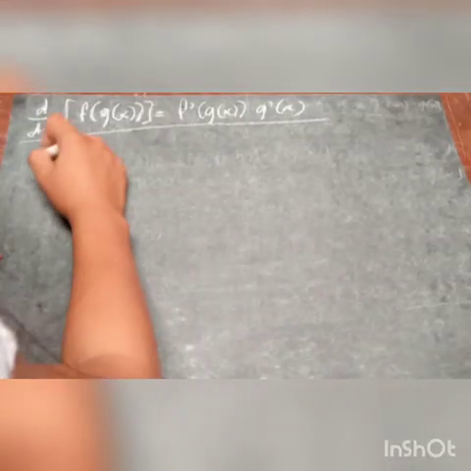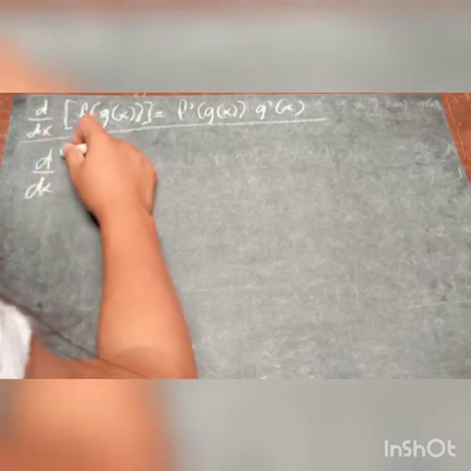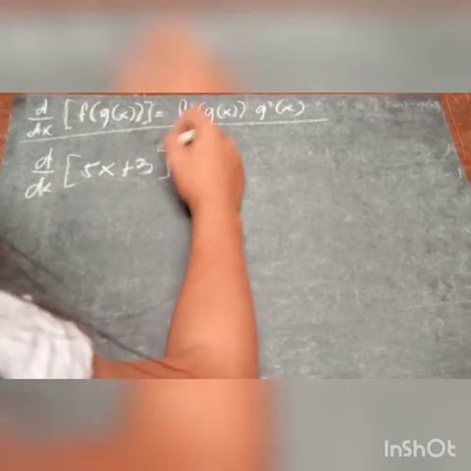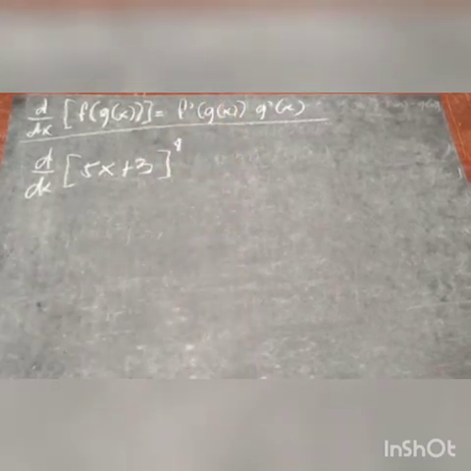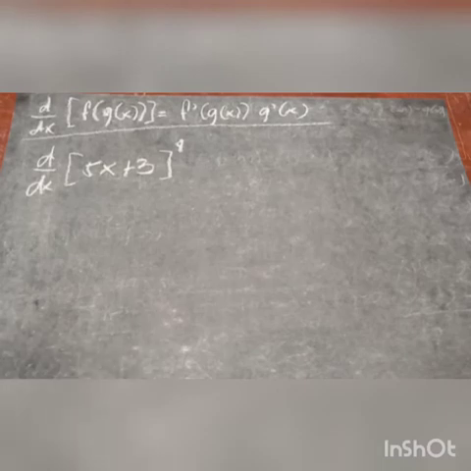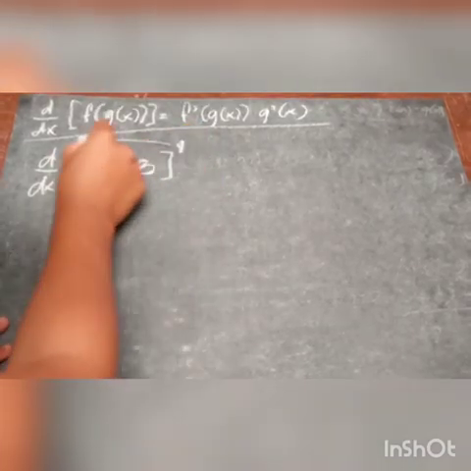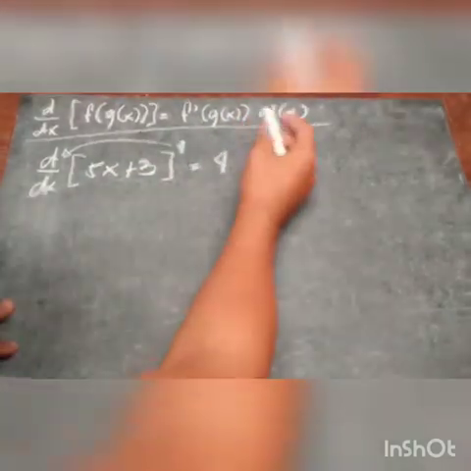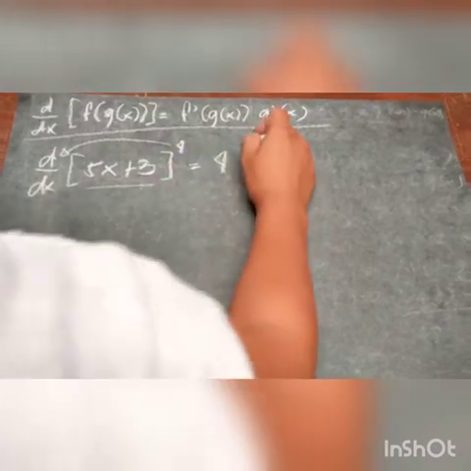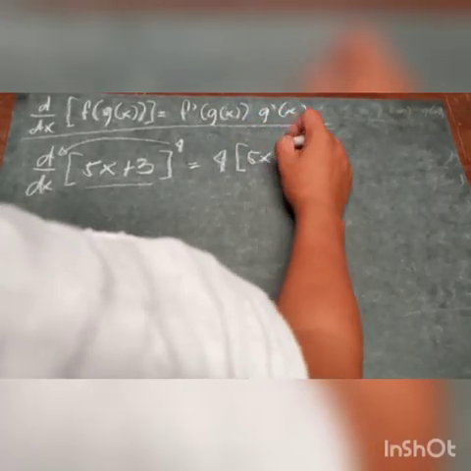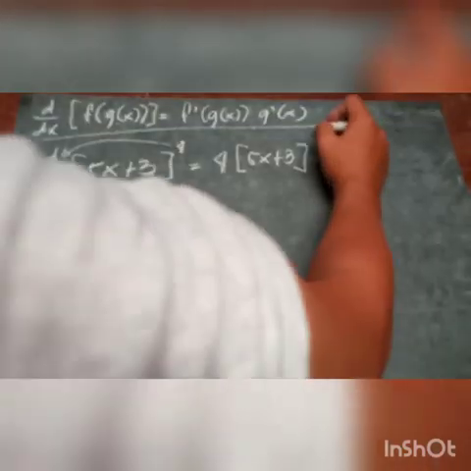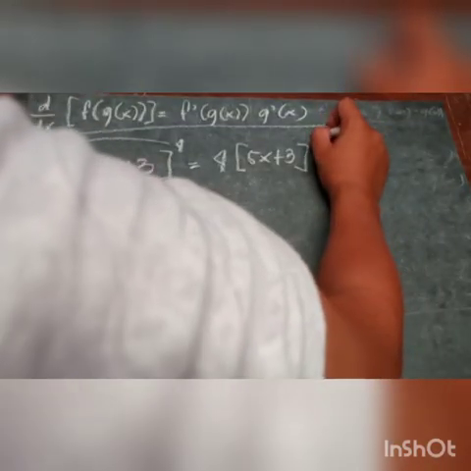So for example, let's find the derivative of 5x plus 3 raised to the power of 4. First thing to do is we're going to move the constant 4 to the front. So we have 4, then keep the inside the same. We have 5x plus 3, and then subtract 1 from the exponent, 4 minus 1, so we have 3.